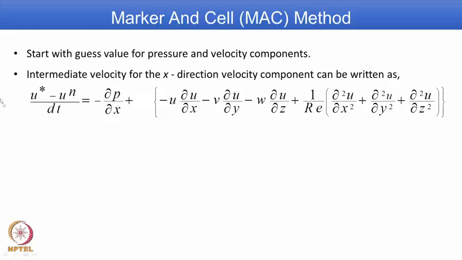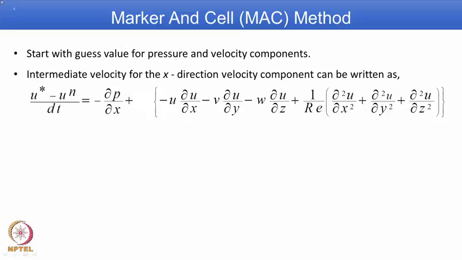So, the time derivative term is retained on the left side, all other terms are brought to the right side, which means all the terms are supposed to be known on the right side. u star is the intermediate velocity, and that is to be determined first, then it will be corrected. So, (u star minus u n) by dt, that is a time integration. For this case, what is shown here is a first order Euler time integration.